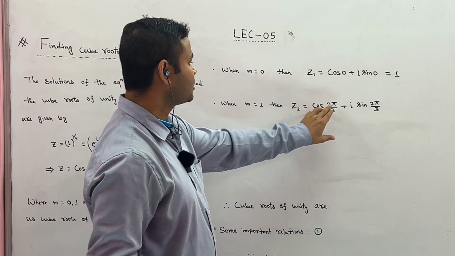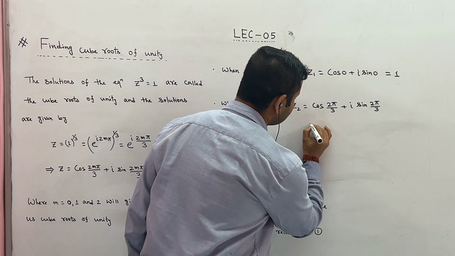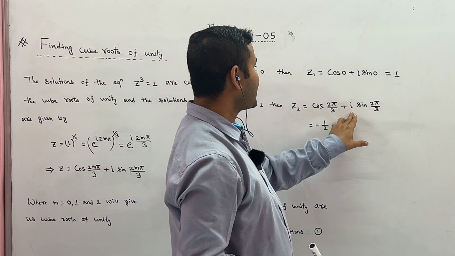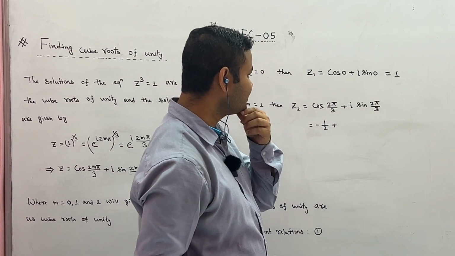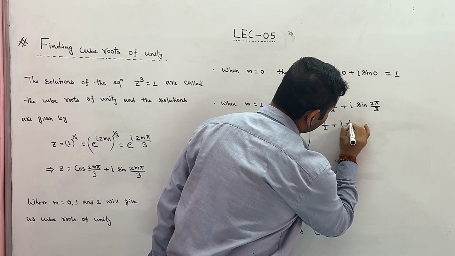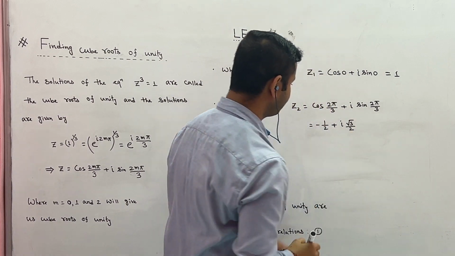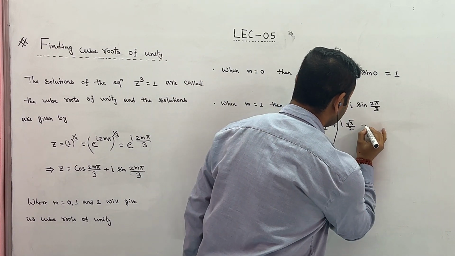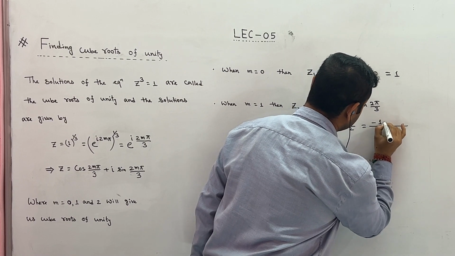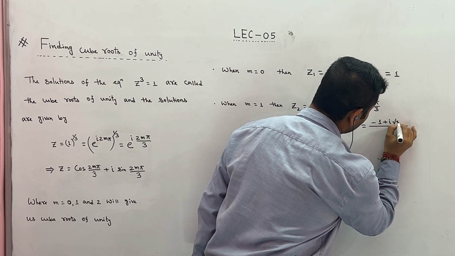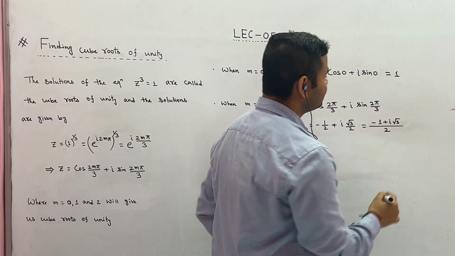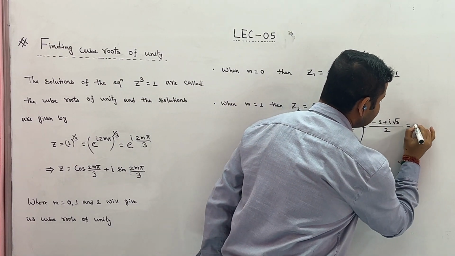We know that cos twice pi by 3 value is minus half and sine twice pi by 3 value is root 3 by 2. So iota root 3 divided by 2. If we simplify, we will get minus 1 plus iota root 3 divided by 2. And this term is written as omega.